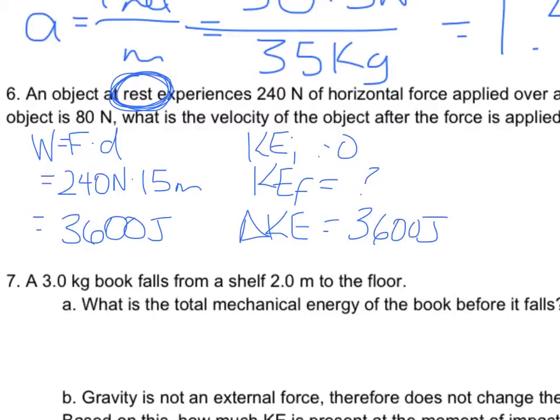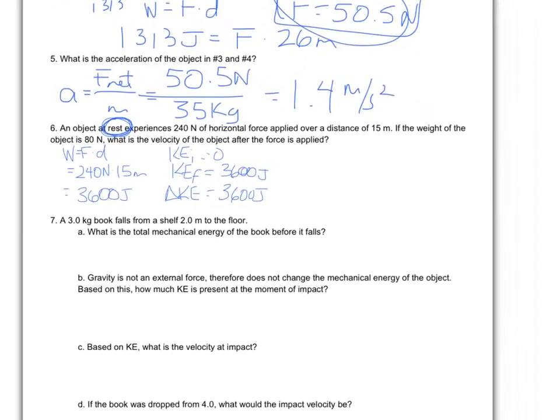So that means in order for this object to have experienced a change of 3,600 joules starting at 0, the final kinetic energy, KEf, has to equal 3,600 joules. That's going to be important for helping us find the velocity.